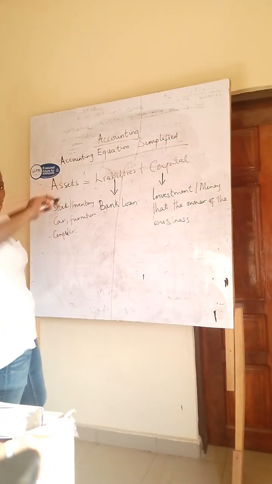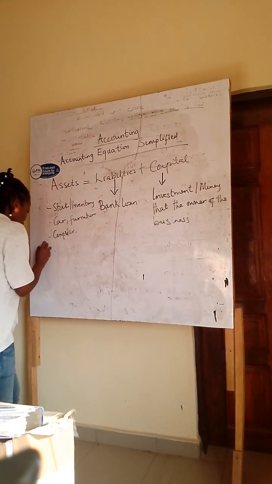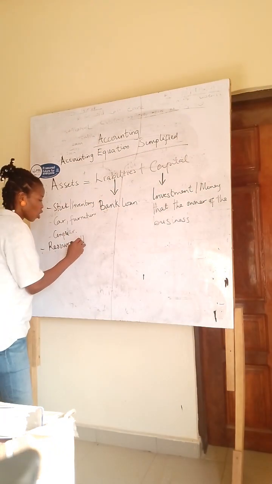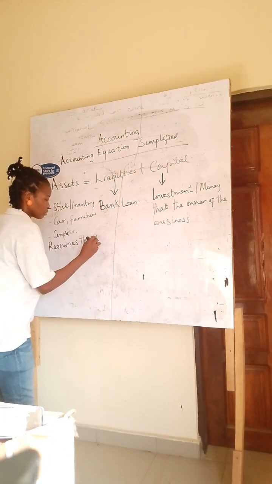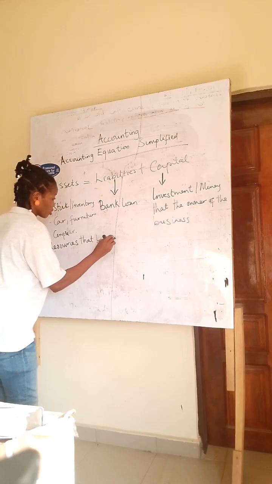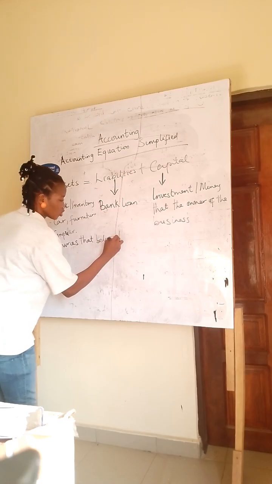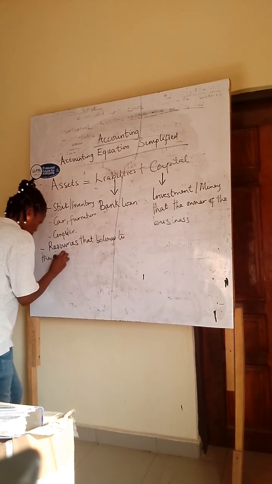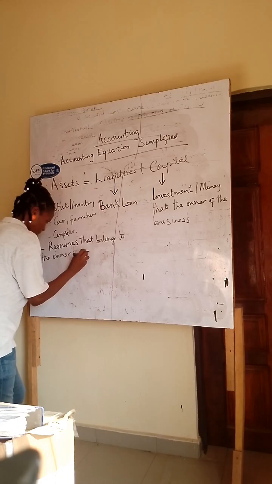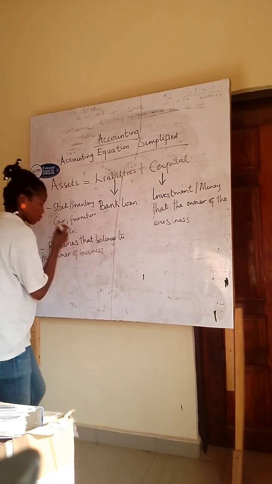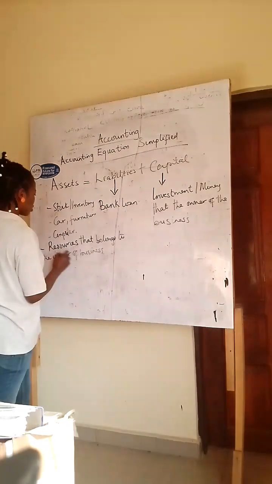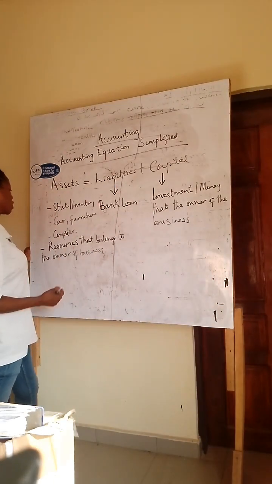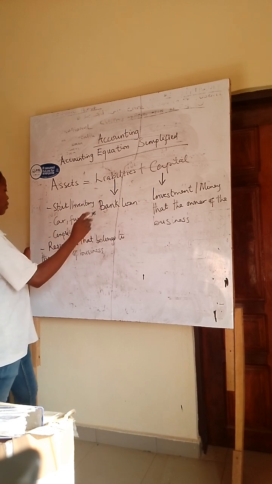To define assets properly, assets are the resources that belong to the owner of the business. You will use these resources to also make money. Assets are resources that belong to the owner of the business.